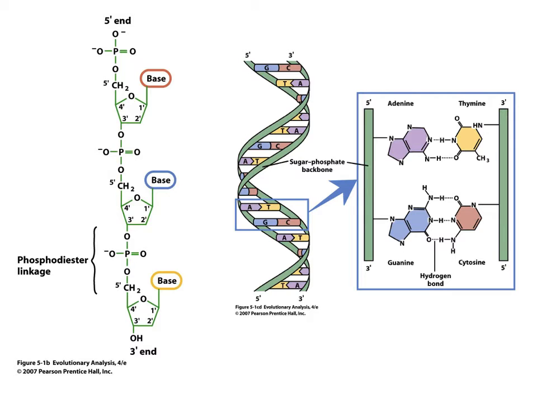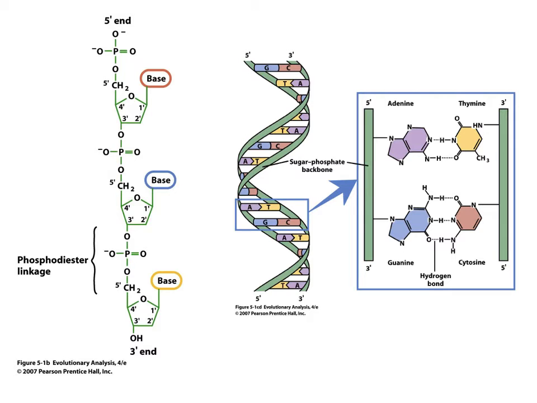There on the left, though, you see that it's a single-stranded molecule. The backbone of that single-stranded molecule is formed by that phosphodiester bond forming between the sugar and a phosphate, sugar and a phosphate, sugar and a phosphate, with, on the other side, the nitrogen-containing base being attached to the 1' carbon.